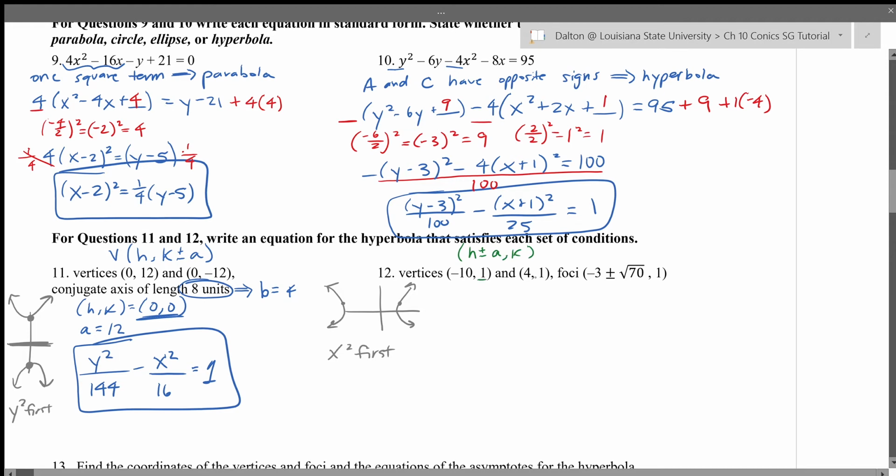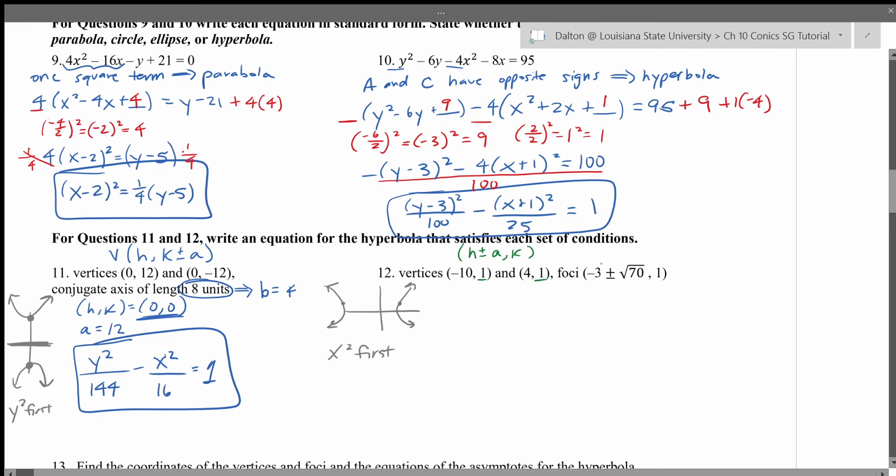Now, k we know is 1 because that's the y value of both of these vertices. So if k is 1, then we have to figure out what h and a are somehow. So here's the deal. We know that -3, oh wait, we already know h. Here's why.